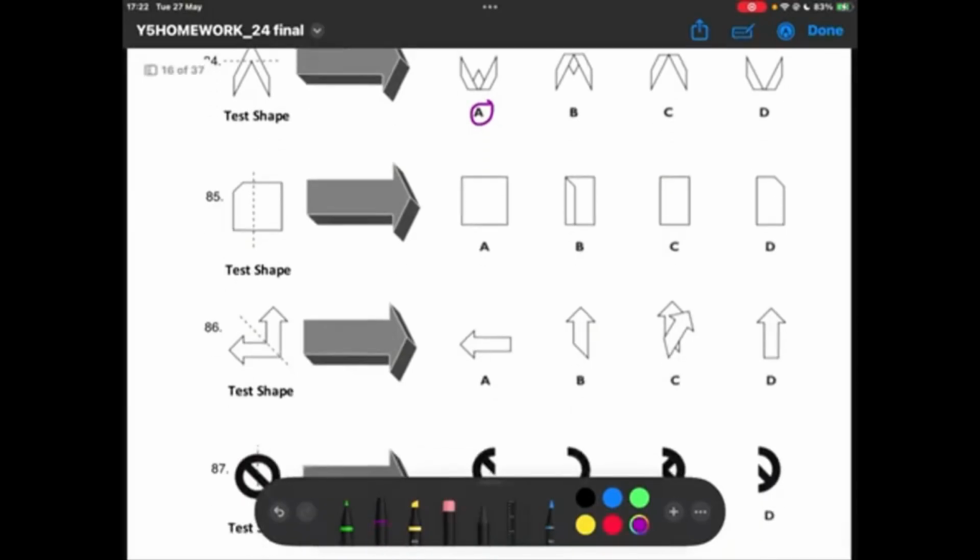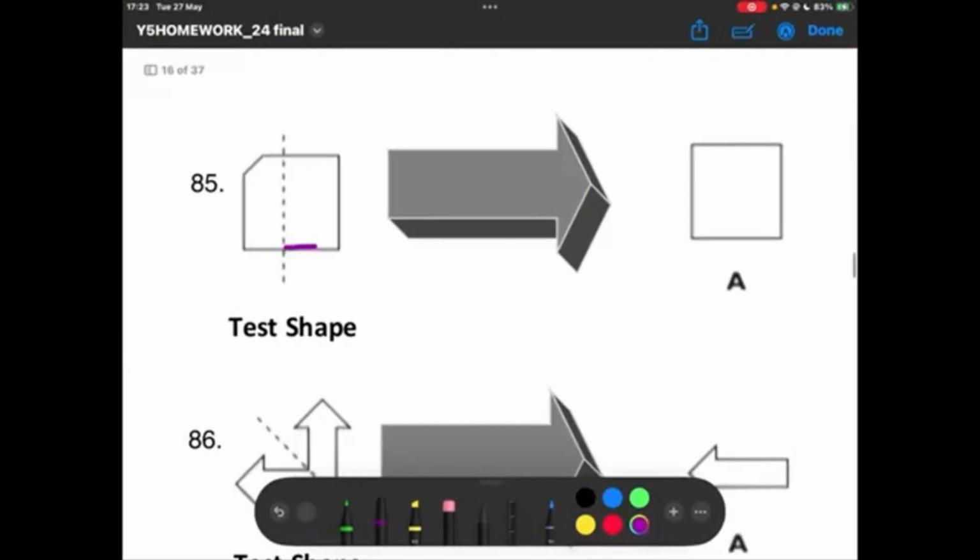Next question. Imagine you folded this side over on top of this side. If you look, this side is longer than this side, which means that this side will fully cover this side, so you won't be able to see any of this bit here.